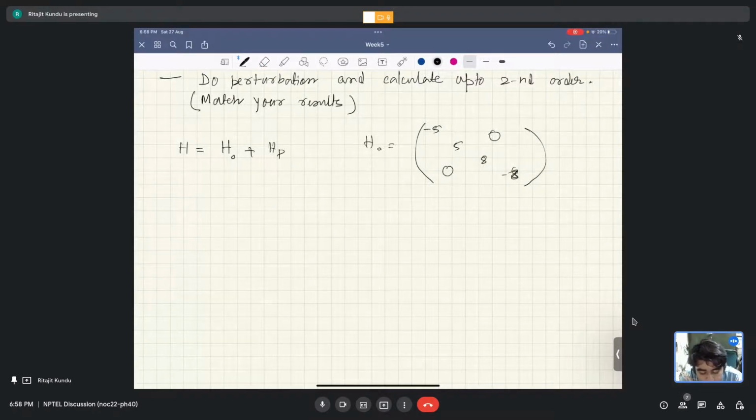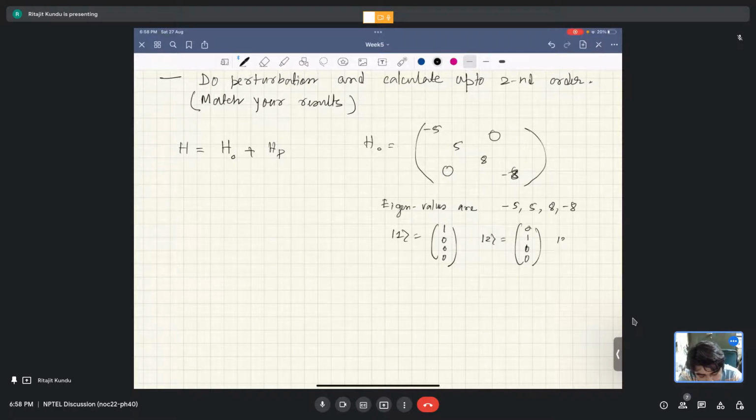So the eigenvalues are minus 5, 5, 8 and minus 8. The corresponding eigenvectors are very simple: 1 is given as 1, 0, 0, 0, 2 is given as 0, 1, 0, 0, 3 is given as 0, 0, 1, 0, and 4 is given by 0, 0, 0, 1.